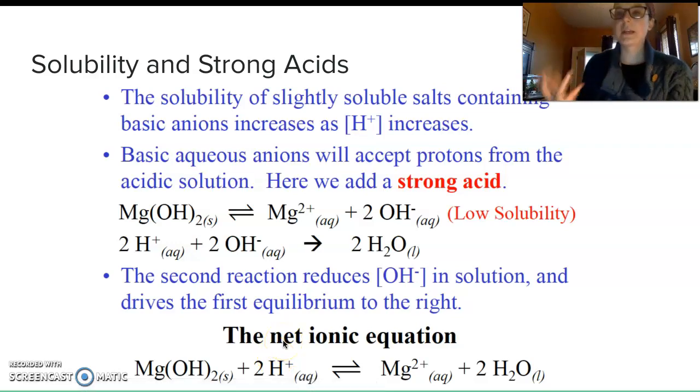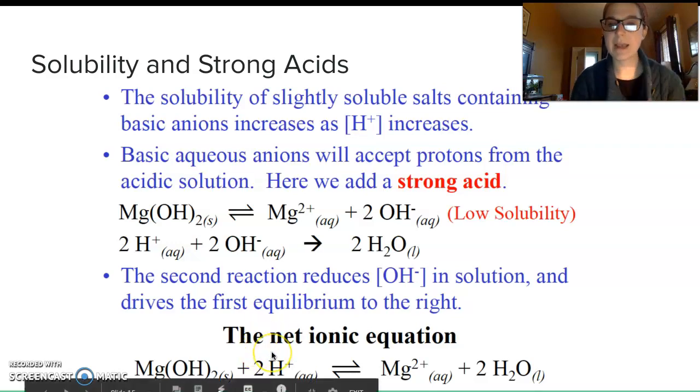It would also technically add something else, whatever went with that H plus, whether it's SO4 2 minus or Cl minus. There is going to be something else there, but usually we won't show that in the equation because it's a spectator ion that's not going to react with anything else. It remains in an aqueous solution. So we'll just say that we added HCl to the solution.